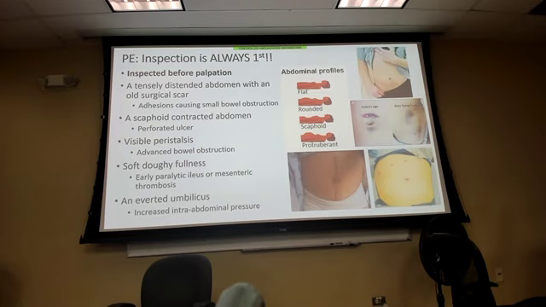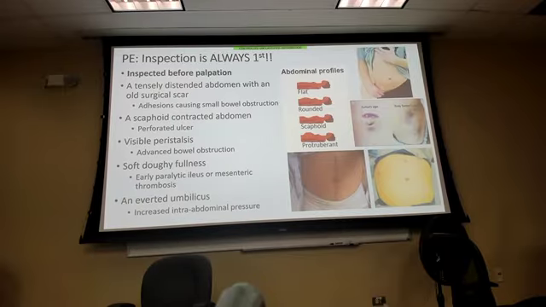Okay. Soft, doughy fullness. Doughy is a surgical term. Once you feel your first doughy, soft belly, you're never going to forget it. Most of the time, I don't necessarily feel it with an ileus, but it is like pathognomonic.